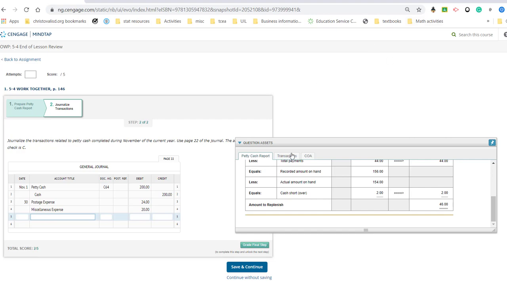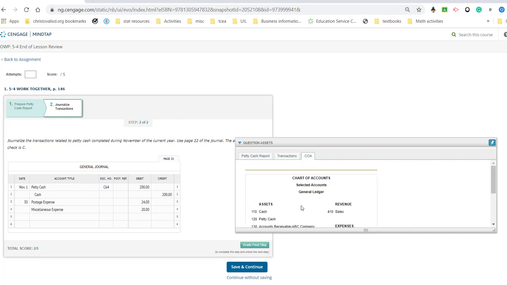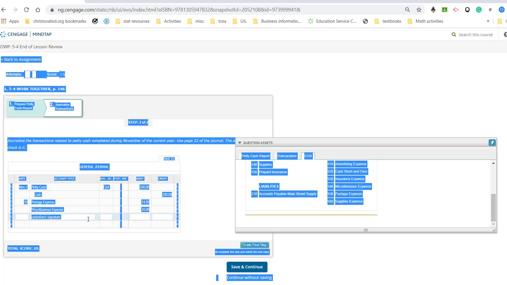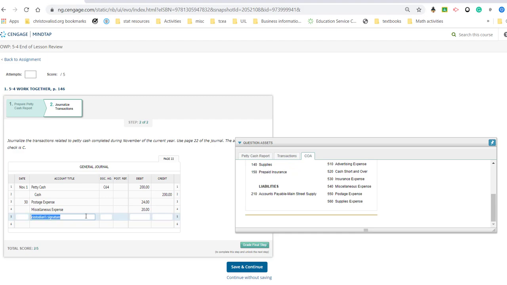Let me look back over at cash short and over. I was off by $2. And then for my credit account was cash.